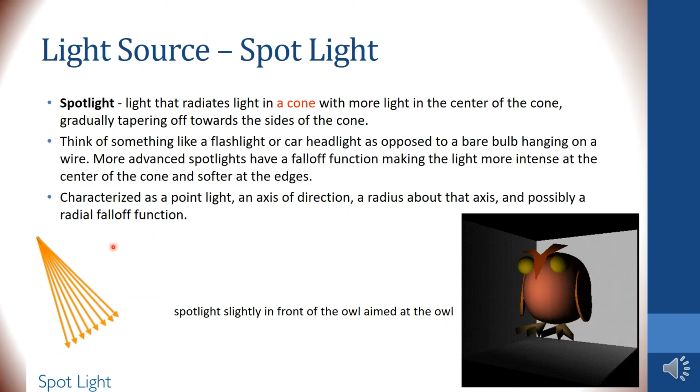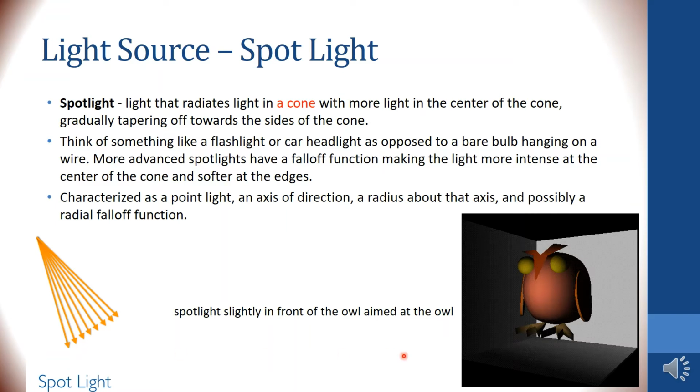Basically, the spotlight radiates light in a cone shape. It starts from a point, and the rays come out like a cone. It gives you a spotlight, making the object the center of attention. It is used to highlight the object.